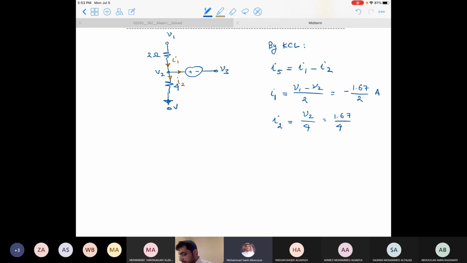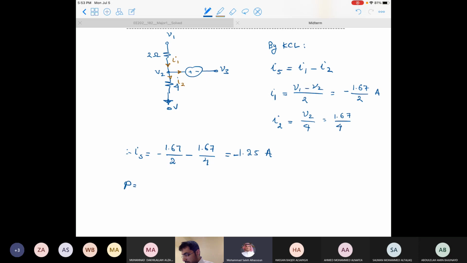So IS will be 1 minus 1.67 divided by 2 minus 1.67 divided by 4, and this is going to give me 1.25 amperes, negative 1.25 amperes.